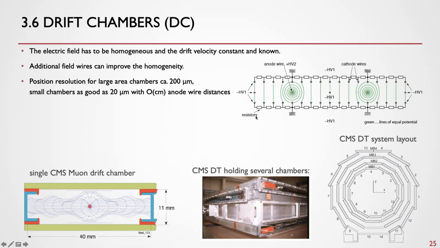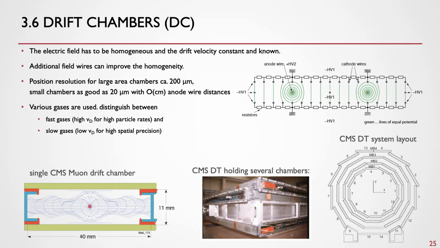And many of these drift chambers are then assembled in one large chamber, and these large chambers are then what makes a large part of the CMS barrel muon system. So the rectangles here are the assemblies that hold the different drift tubes.